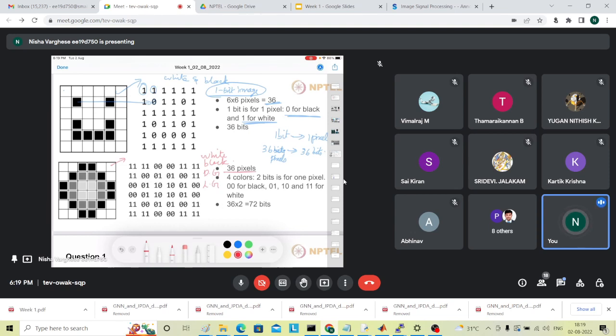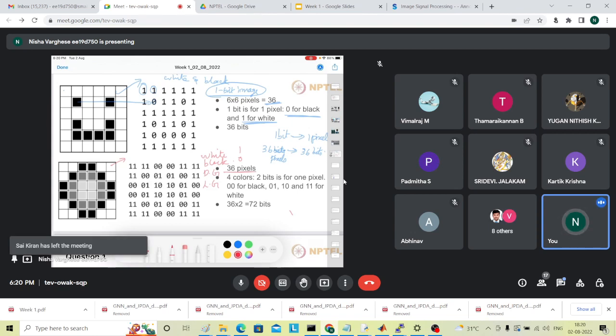So we can't use a single 1 or 0. If you are using a 1 for white and 0 for black, then we can't give any value to dark gray and light gray, right? So we have to use more number of bits to represent 1 pixel. So here we have 4 colors. Then how many bits we'll use? 2 bits we can use, right?